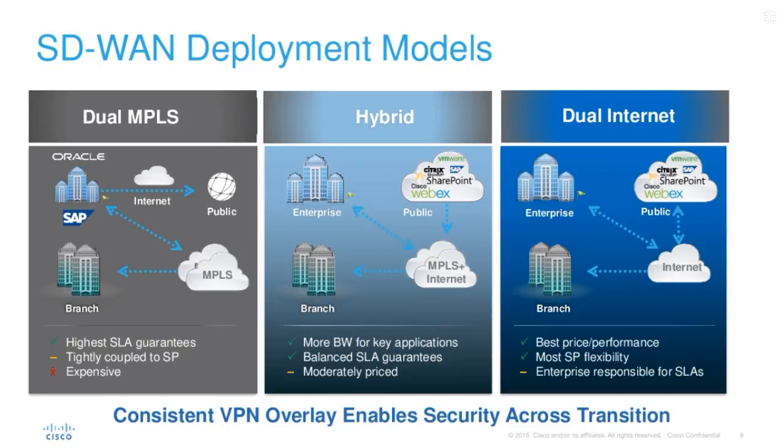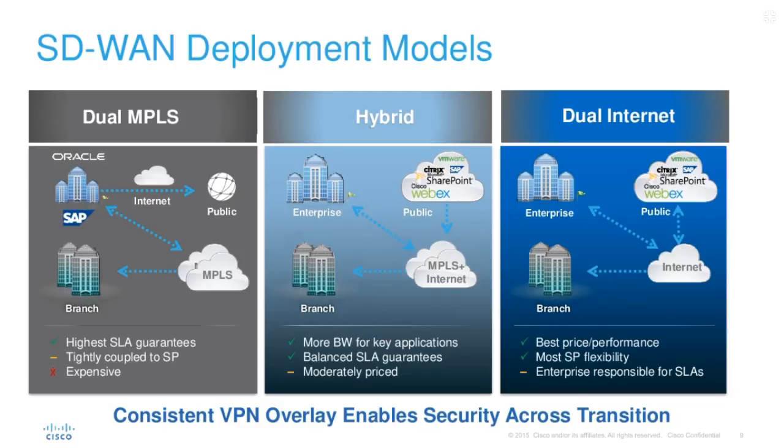The most common one I'm seeing, especially with large customers, is the middle one, called the hybrid model. They're running an MPLS network and also an internet connection. So we're combining those two into one architecture and then intelligently balancing applications over those.